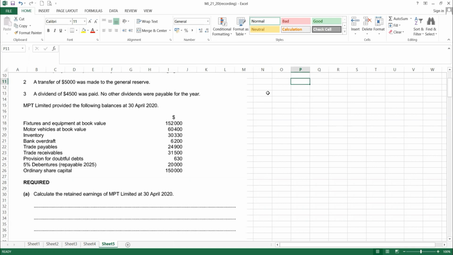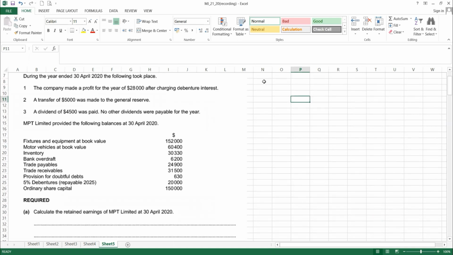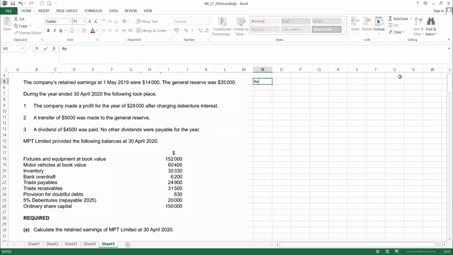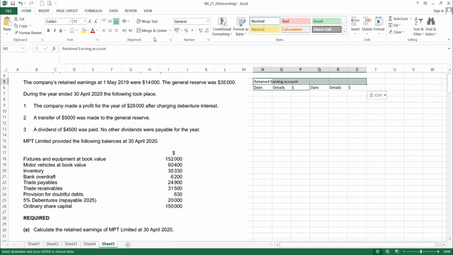Okay, if we use the T account, I'm using the T account first. Retained earnings, date, detail, and dollar sign. Okay. Beginning of the year 2019.